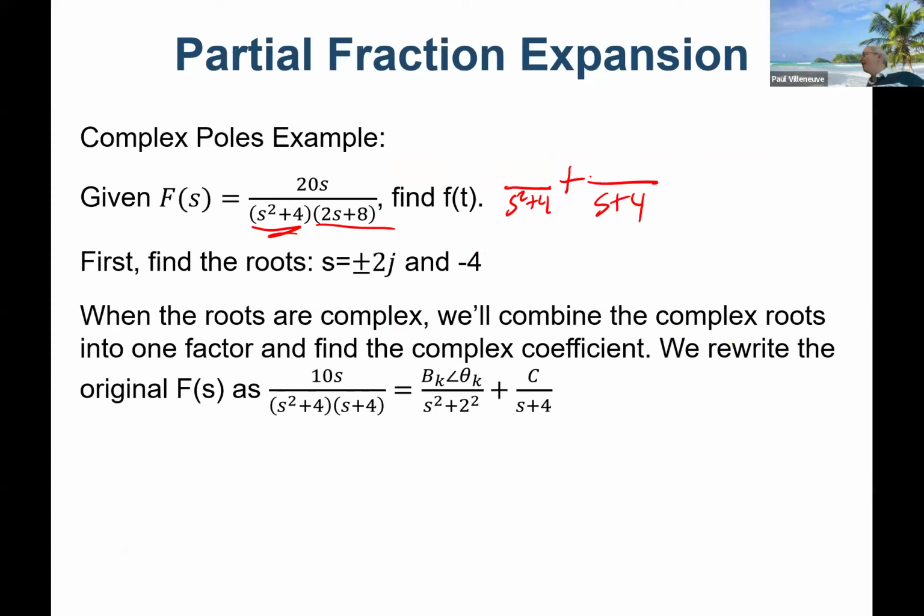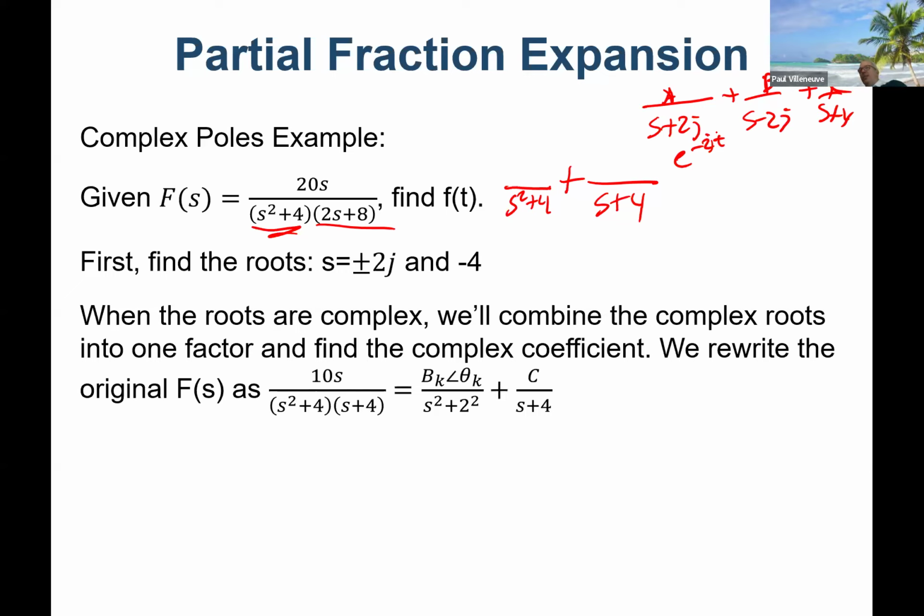And instead of breaking this down all the way, because we could break this down to 1 over s plus 2j plus 1 over s minus 2j plus 1 over s plus 4. Actually, not 1, let's make those coefficients. We could certainly do that, but then we're going to end up with e to the -2jt in the time domain.